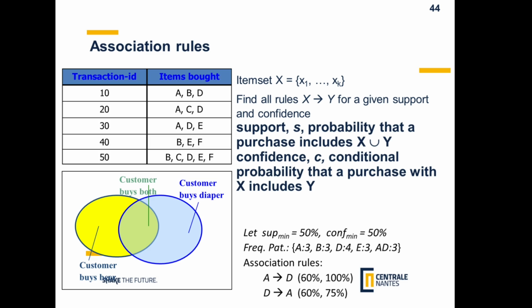So one of the most famous association rules that was found in the beginning of data mining use was this funny association rule, which is that on Friday or beginning of the weekends, most people who buy baby diapers will also buy beers.